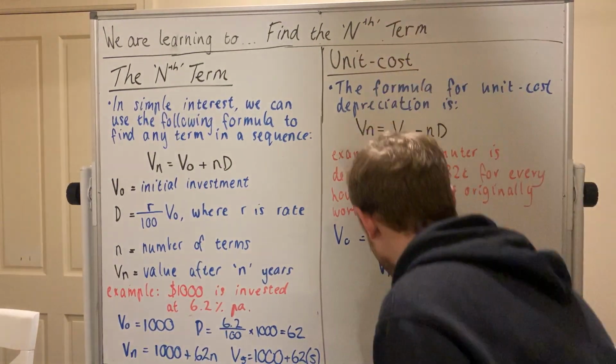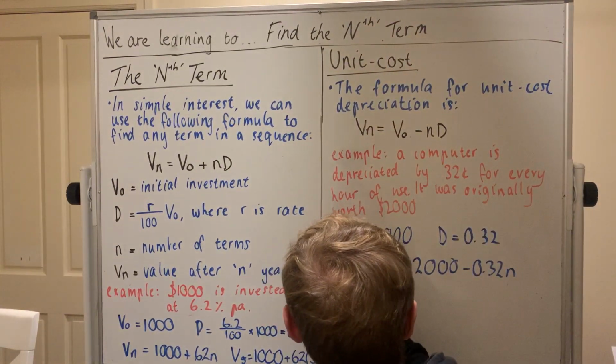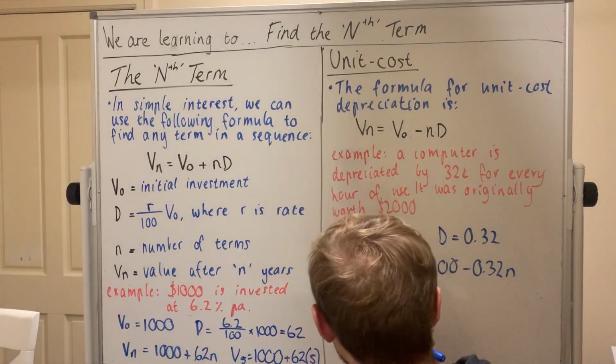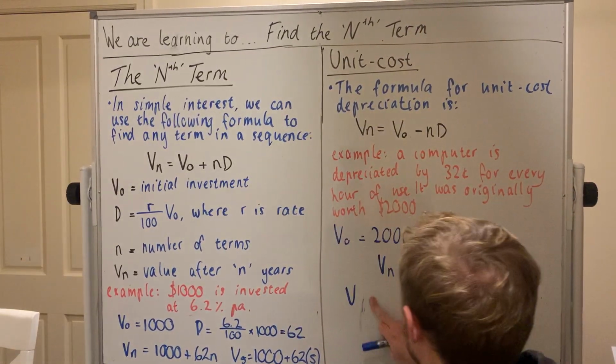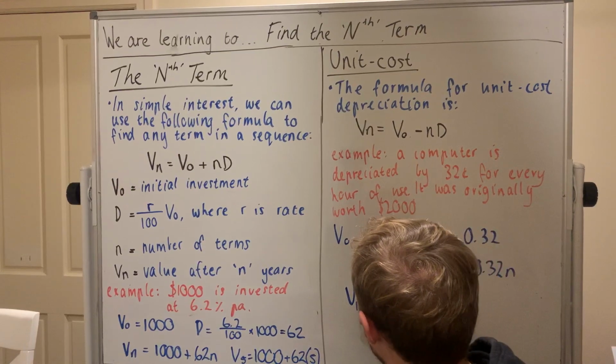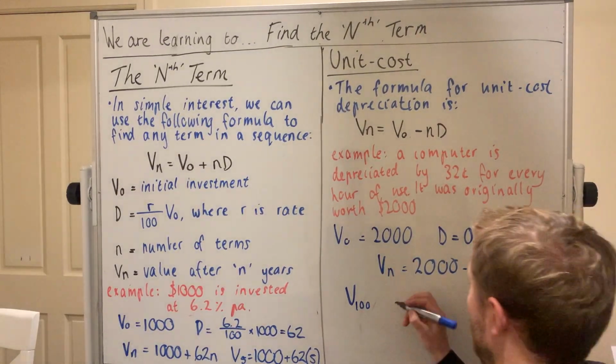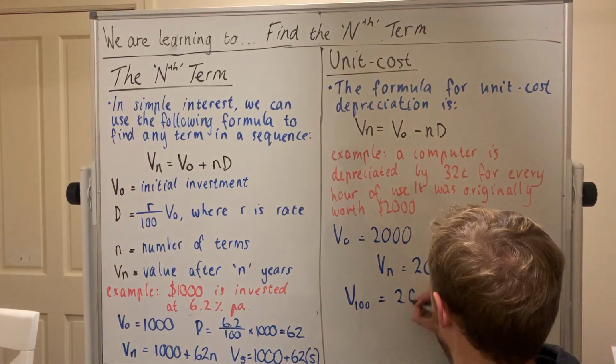So let's, for example, say I wanted to calculate the value of the computer after 100 hours of use. Alright, so I'm not calculating Vn, I'm calculating V100, the value after the 100th term. So that would be what?